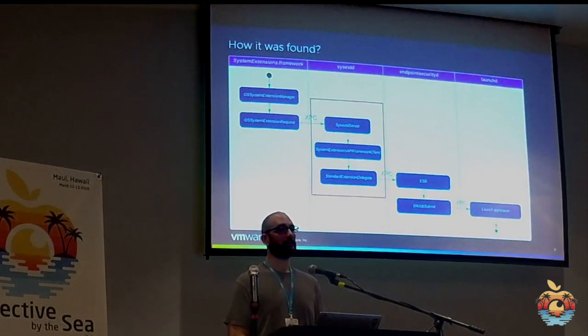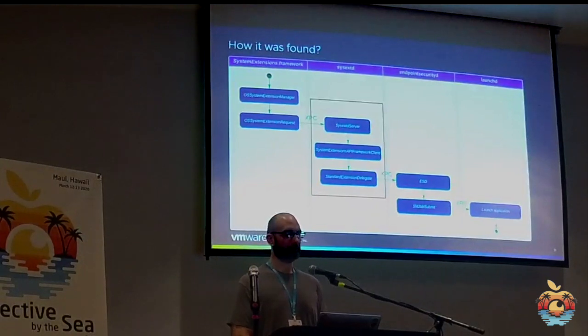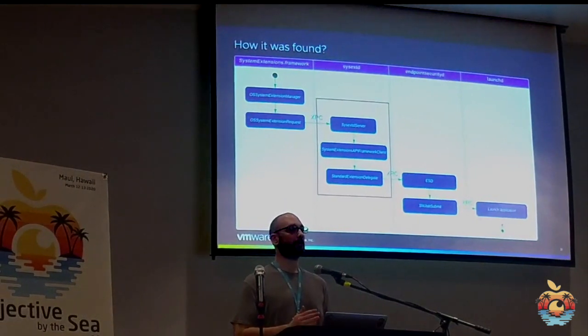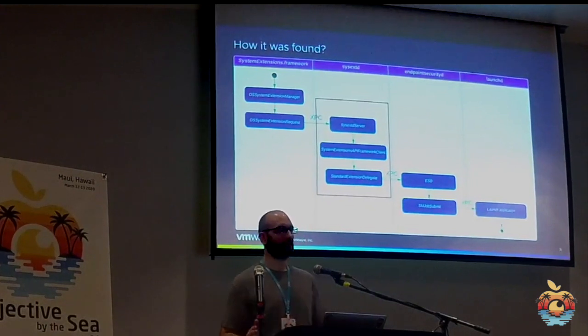So one of the things that struck me, and I think I mentioned earlier about the system extension D, is that there's a lot of code in it for a new daemon, compared to at least what I was able to tell from reversing that it did. I think it comes from the complexity of this daemon having to handle all the different system extension types, as well as Apple planning for there to be more system extension types in the future.